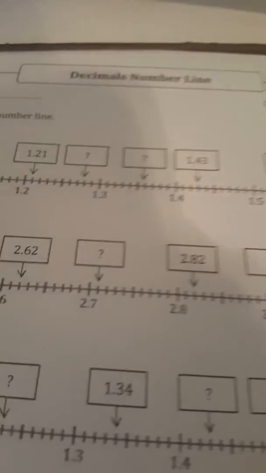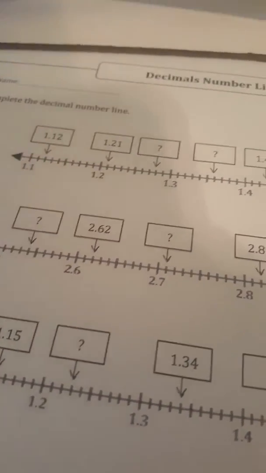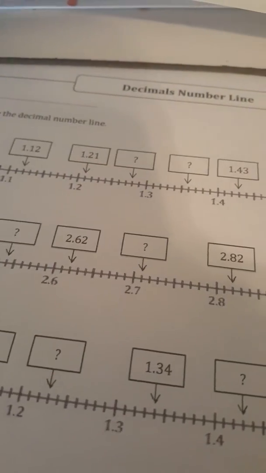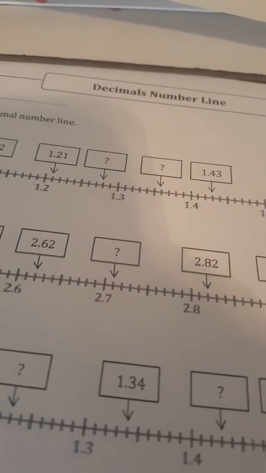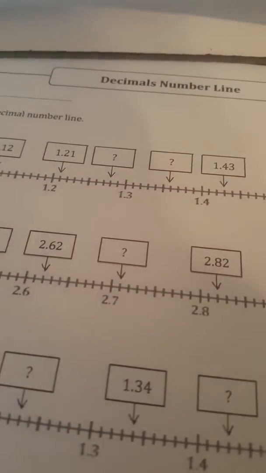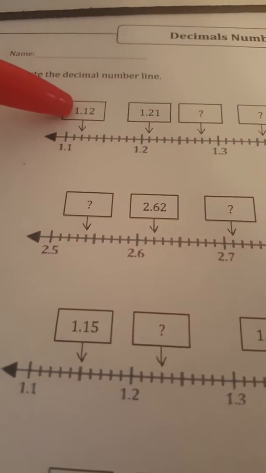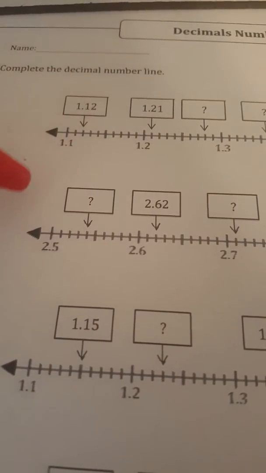So it's not necessarily from 0 to 1 like we're used to practicing, but the process is no different. So we can see that they've got this one labeled as 1 and 12 hundredths.